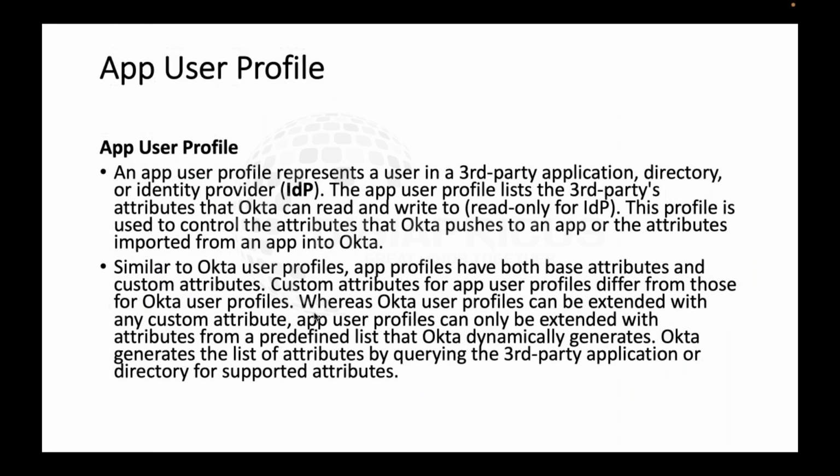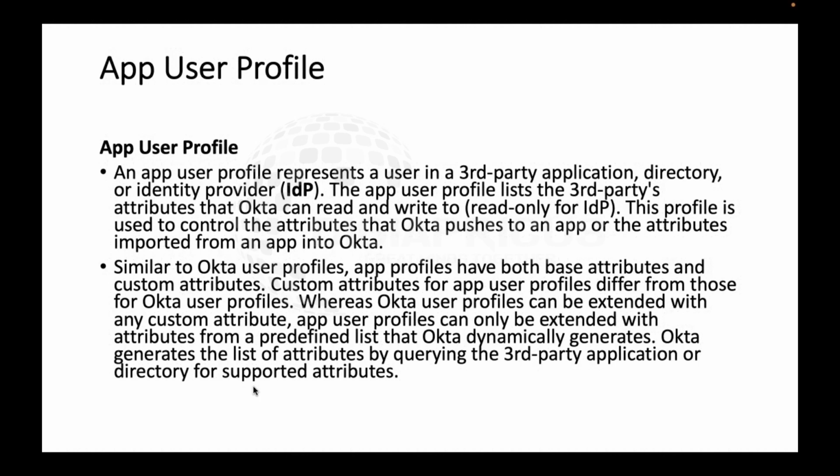That's what we mean by the app profile, and that's how it is different from the Okta user profile. They both can have base and custom attributes. That's a common thing. But custom attributes for app user profiles differ from those of the Okta user profiles. In the Okta user profile, you can just go ahead and create anything. But for app user profiles, it can only be extended with attributes from a predefined list that Okta dynamically generates.